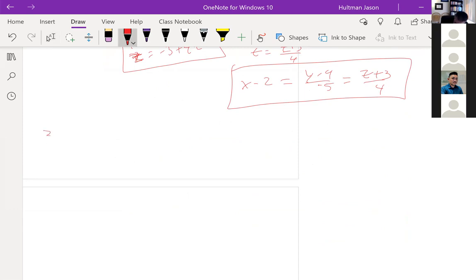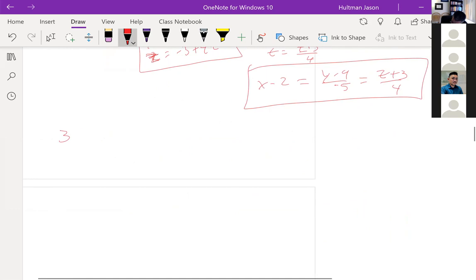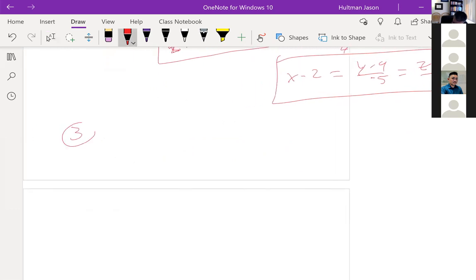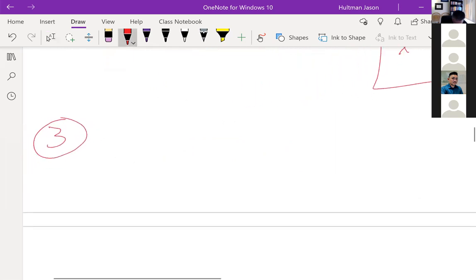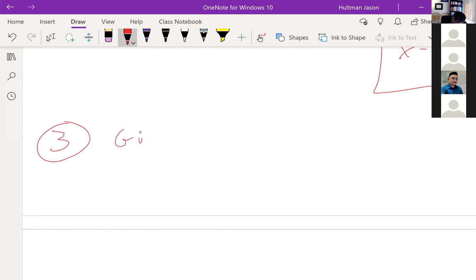Okay, number 3. Given x equals 2 plus t, y equals 4 minus 5t, z equals negative 3 plus 4t.